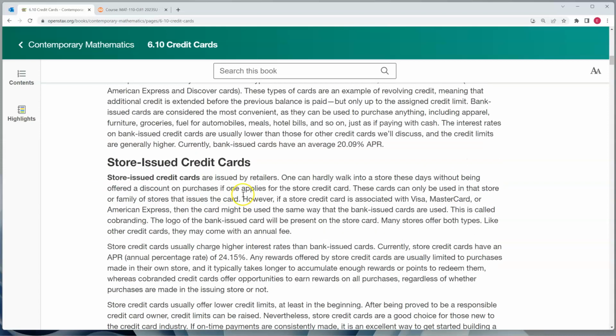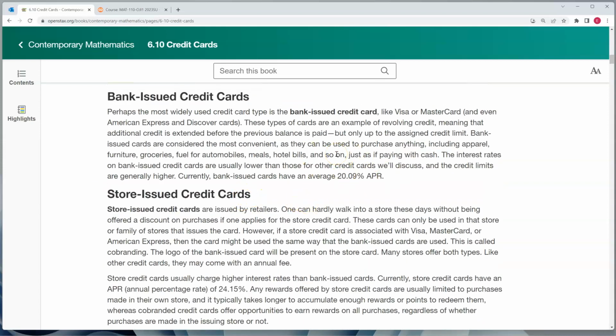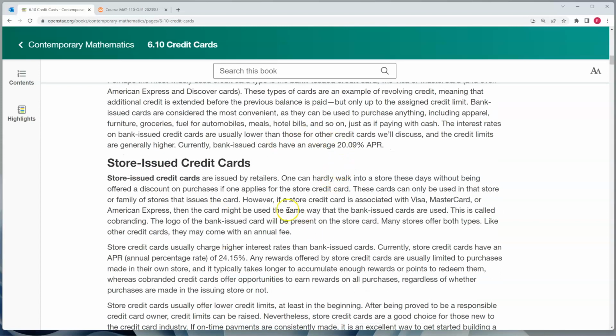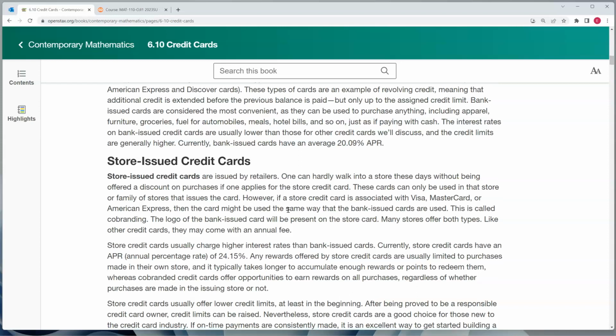Regular credit cards, quote unquote, your bank-issued credit cards, can have lower interest rates, mainly because they're backed by a bank, not, for example, a store like Amazon. Store-issued credit cards tend to have higher interest rates because they're having to pay an underwriter, which would be a bank, and then they're also trying to make a profit off of that as well, so they're going to have a little bit of a higher interest.